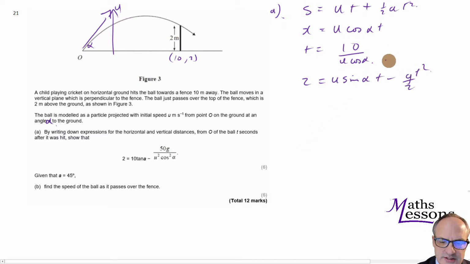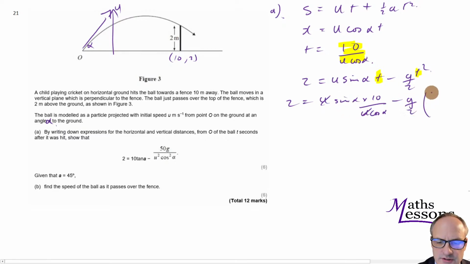Now I can replace the t's, like I did before, with 10 over u cos alpha. So I get 2 equals u sin alpha times 10 over u cos alpha. We can cancel out those u's while we're here, minus g over 2 times 10 over u cos alpha all squared.